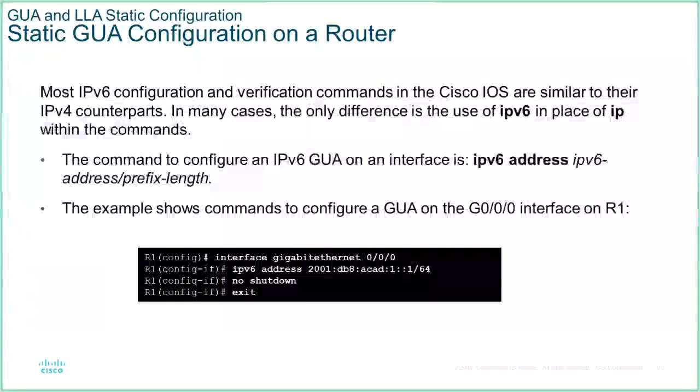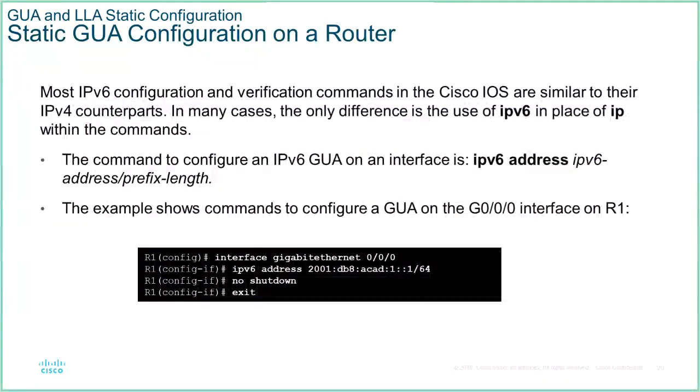Anything that you would normally use ip for refers to version 4, and ipv6 for v6. That's across our show commands and things like that, and it's a fairly good rule of thumb for anything to do with the two addressing schemes on these devices moving forward.